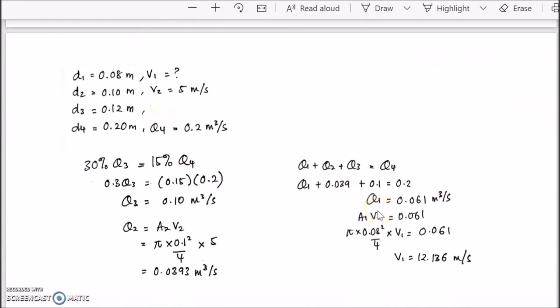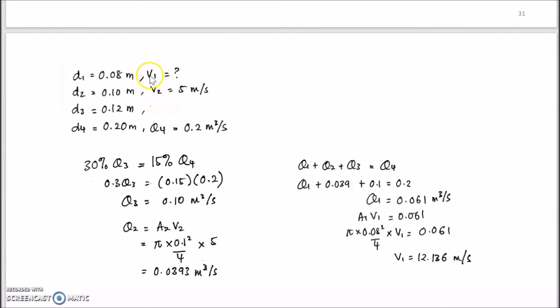Okay, so let's look into this solution. It is given D1, D2, D3 and D4. All four diameters are given, and then we have to calculate the velocity 1. It is given that the velocity 2 is 5, and the flow rate 4 is 0.2 meter cubed per second.